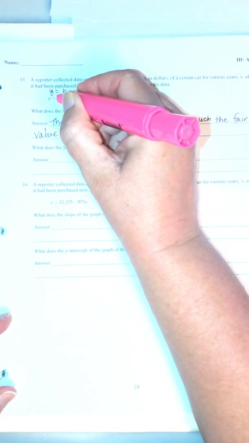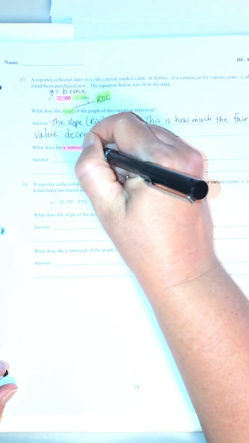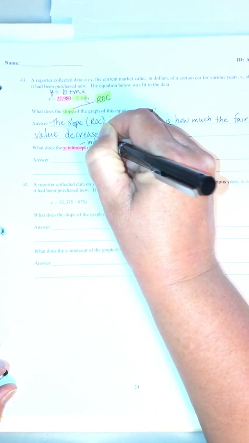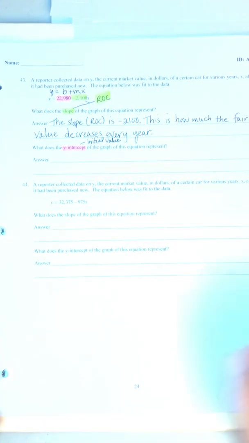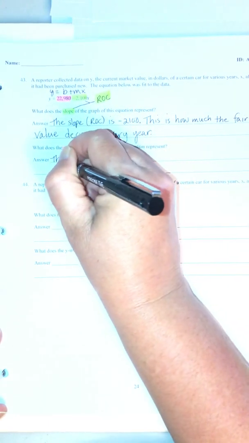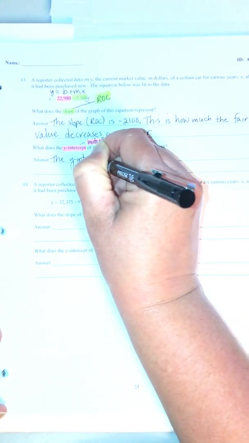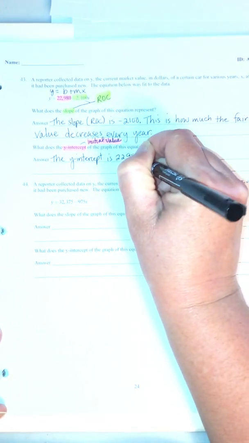Okay, next part. What does the y-intercept of the graph of this equation represent? Well, we know the y-intercept is our b, our plus b, okay, but in this case it started with that. So y-intercept is our initial value. How much did the car start out with? How much did we pay for it? Okay, so we have the y-intercept is 22,980.